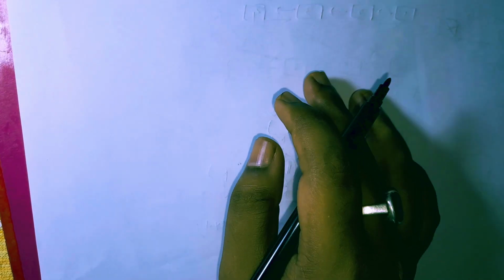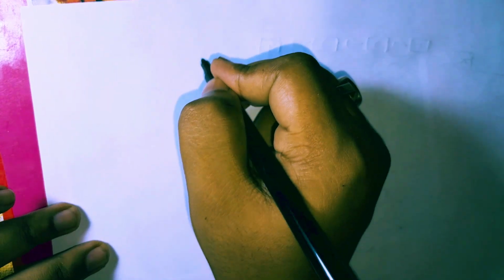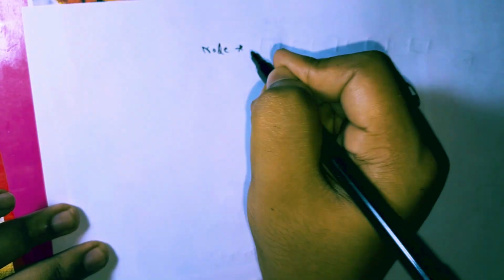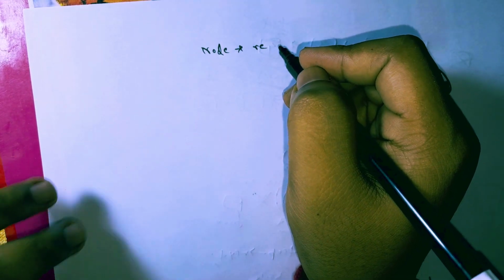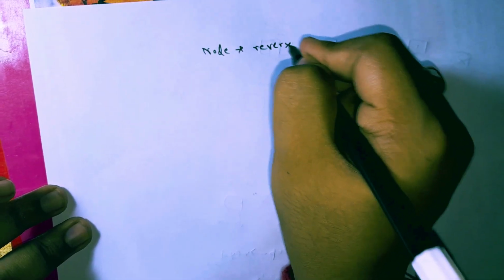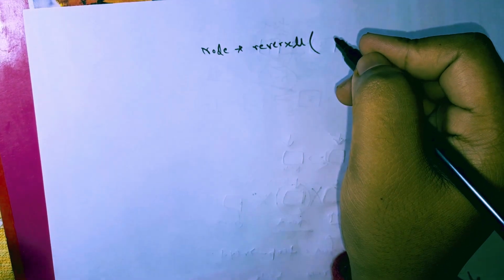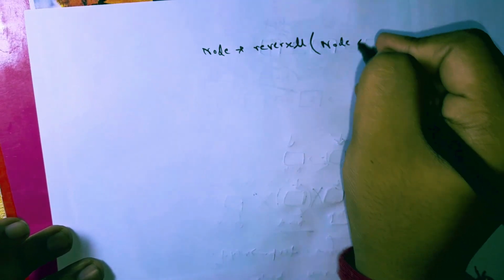So what will be the code of this? I have already said that I have to return the node. So my function will be reverse link list, node star of head.